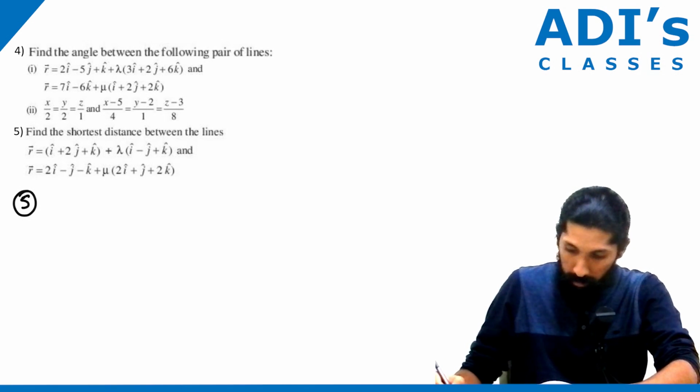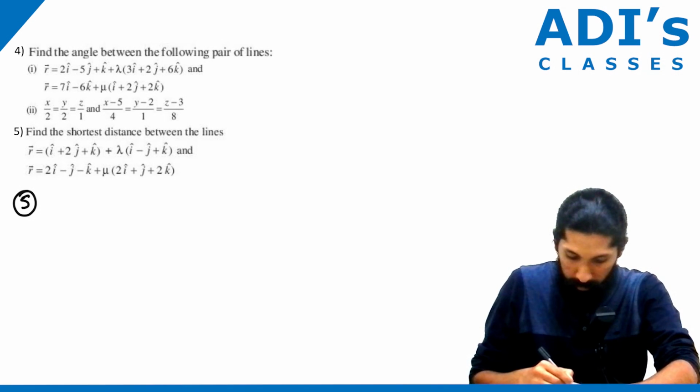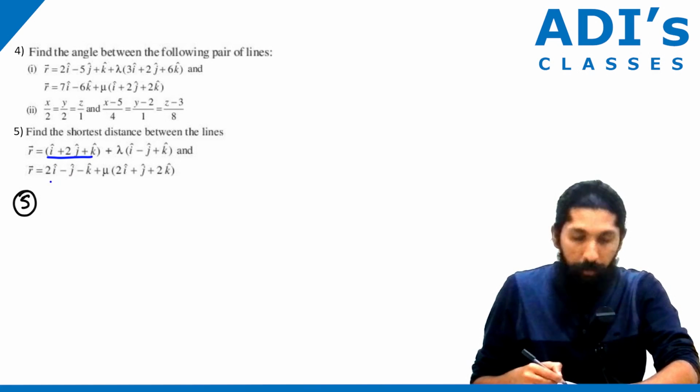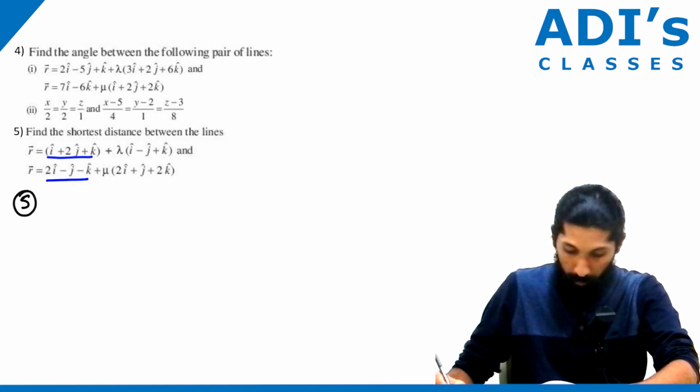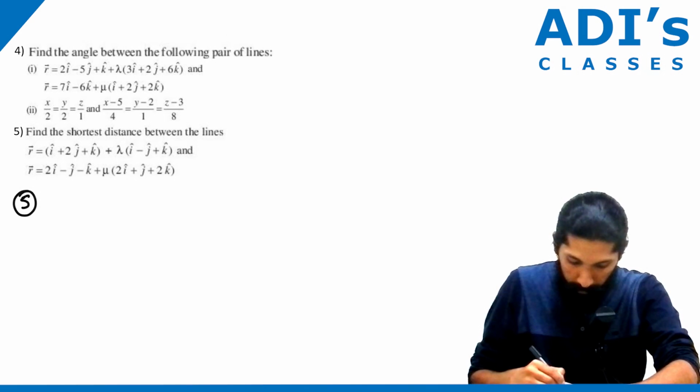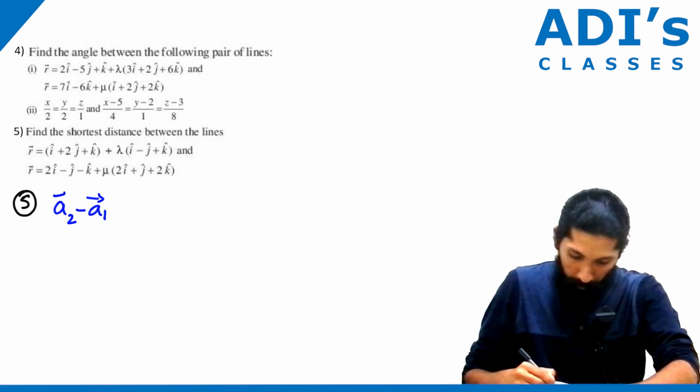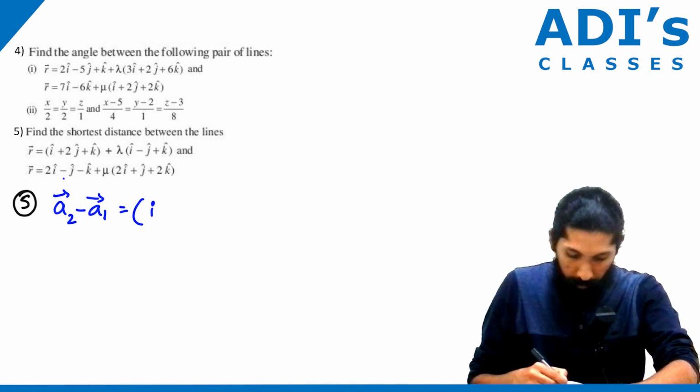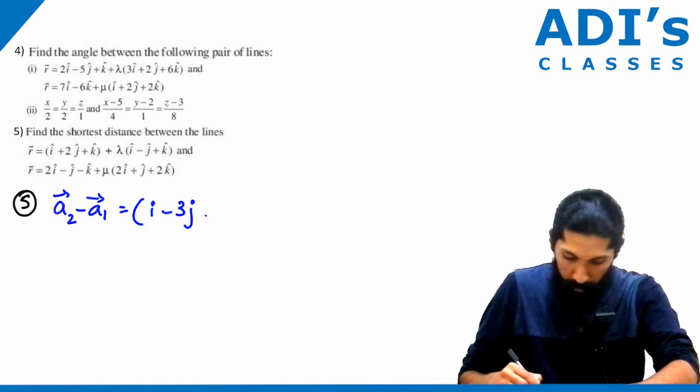So in this case, let's assume that this is a1, this is a2. Okay? That means when we do a2 minus a1, this is going to become 2 minus 1, 1i minus 1 minus 2 is minus 3j minus 1 minus 2k.